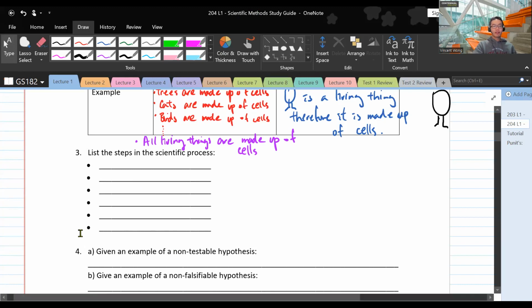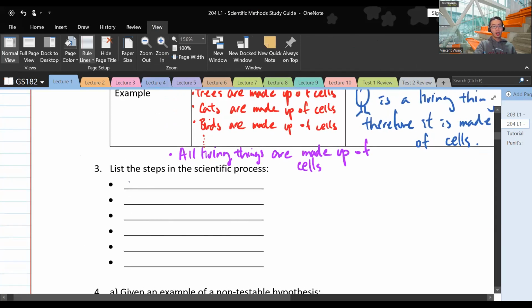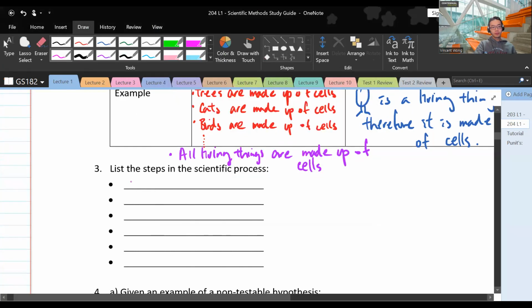List the steps in a scientific process. We start with observations. That's part of discovery science, right? Making observations, and then you might ask questions. Why are things the way they are?